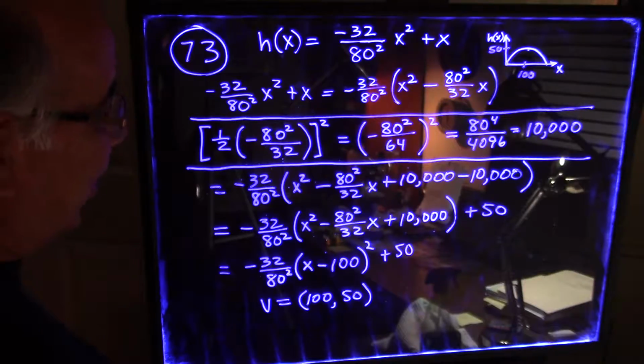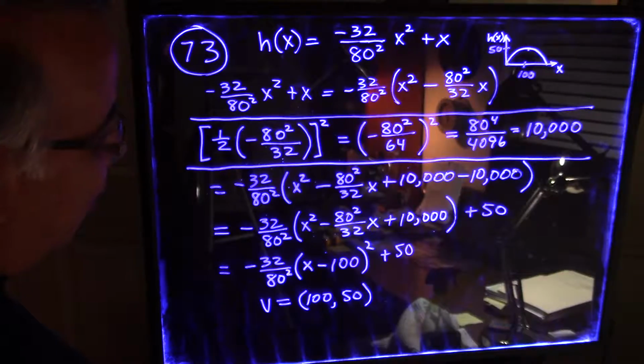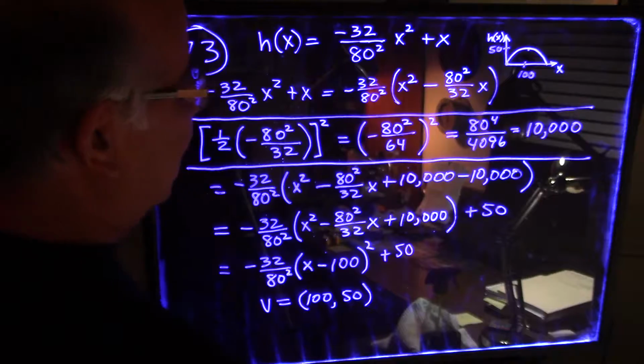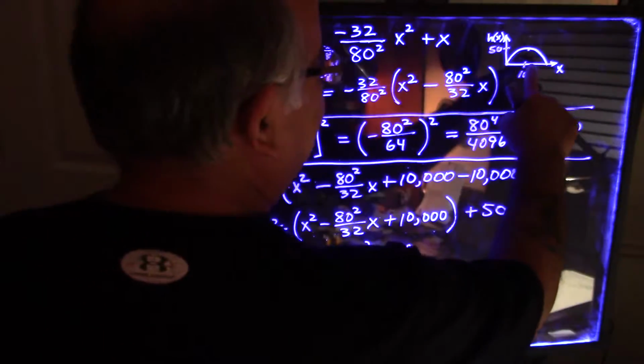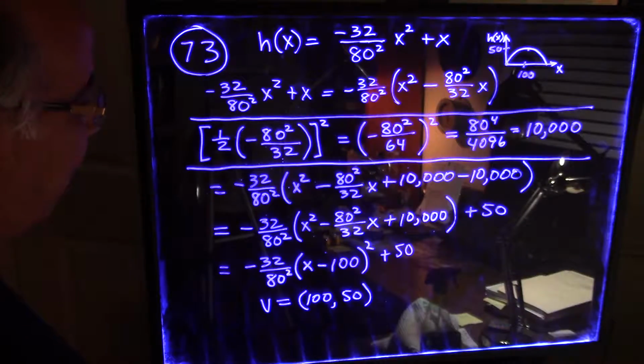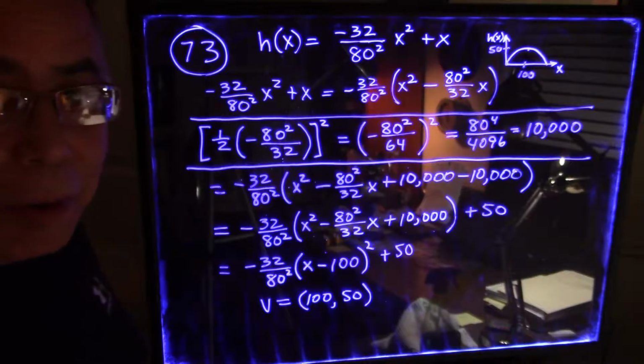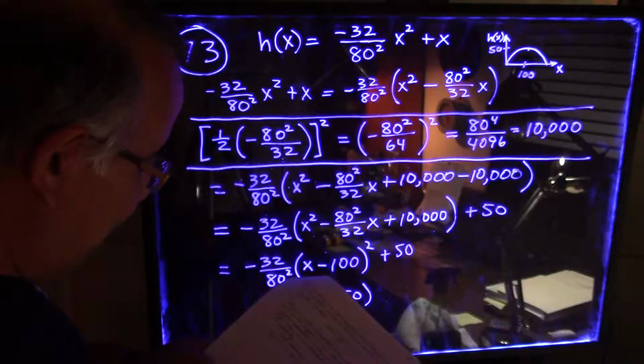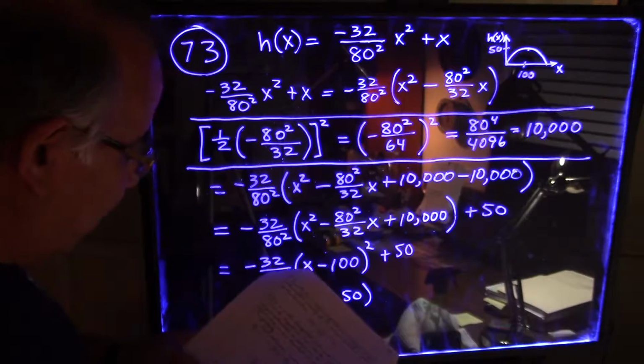So we've answered the question, haven't we? If I were writing this problem, I'd ask what the height is when x is something either to the right or left of 100. But I didn't write it, so there we go. Okay, what's a viewing window?